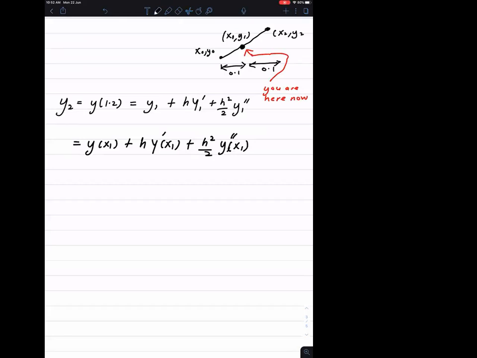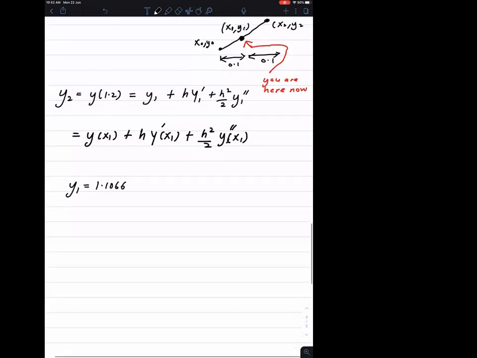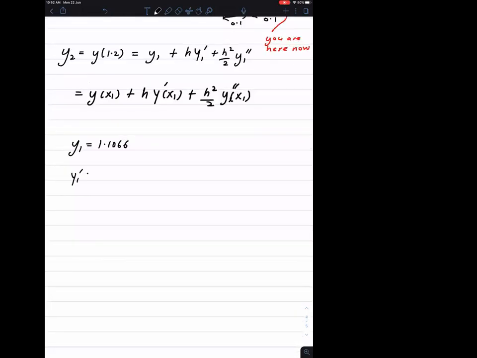Okay, so we already found y1 earlier, 1.1066, and then y1 prime is x1 times y1 to the 1/3. x1 was 1.1, y1 was 1.1066, so that gives 1.138.